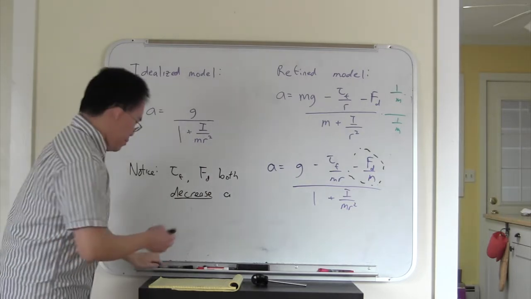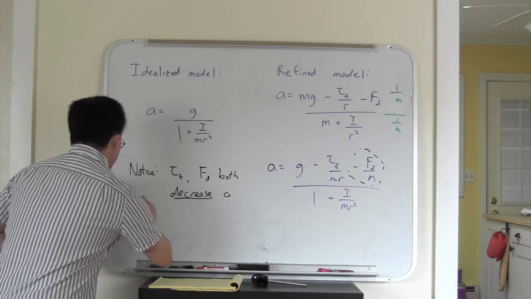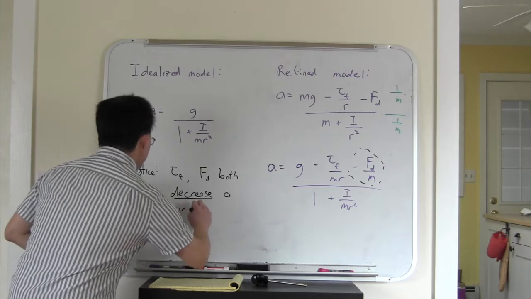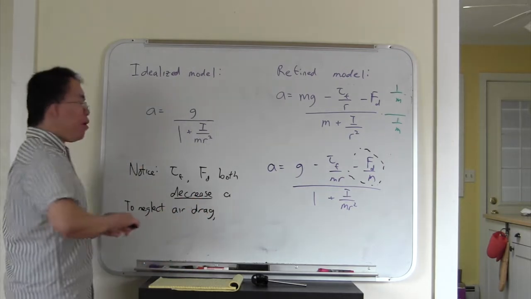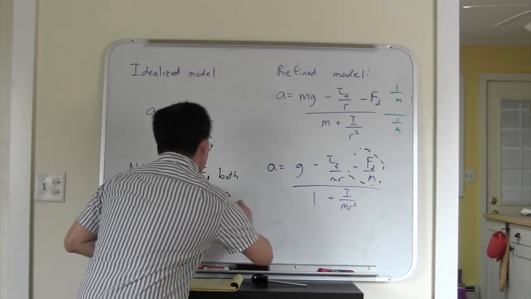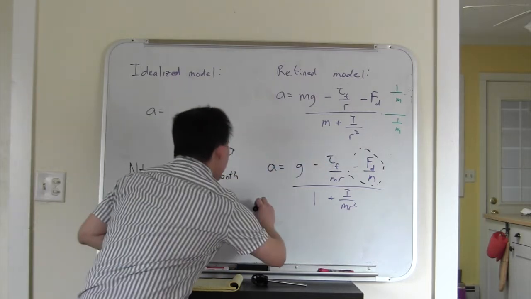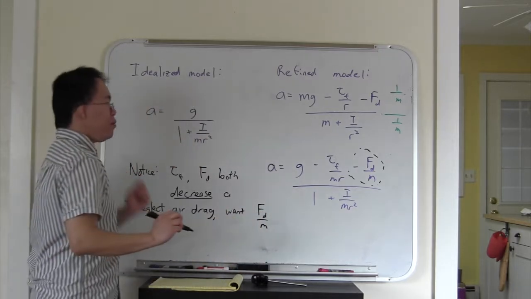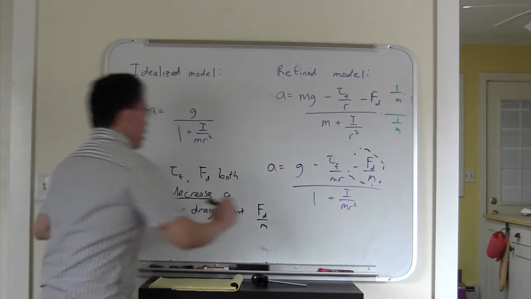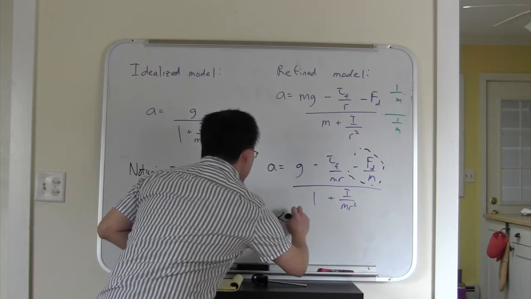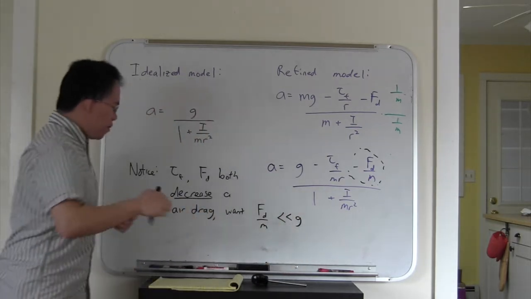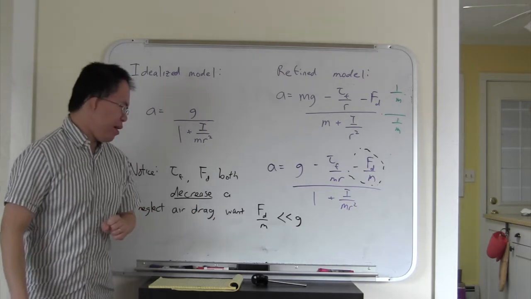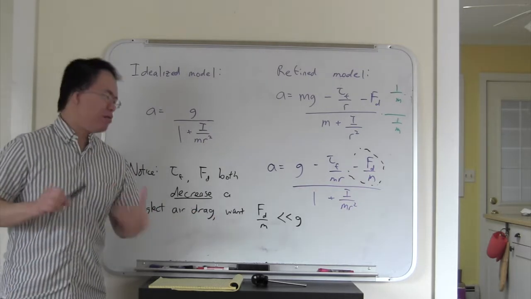what we want is that circled term to be much smaller than g. So what does this tell us? We can think a little about limiting cases.